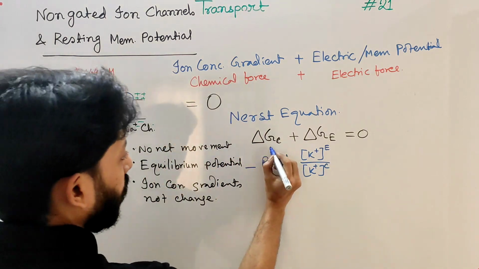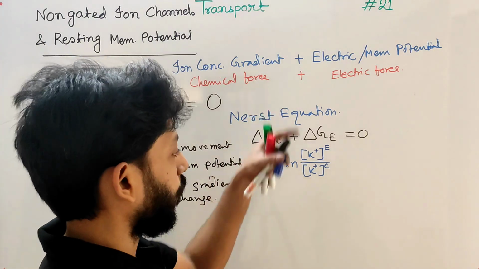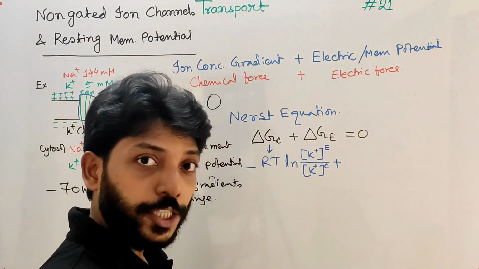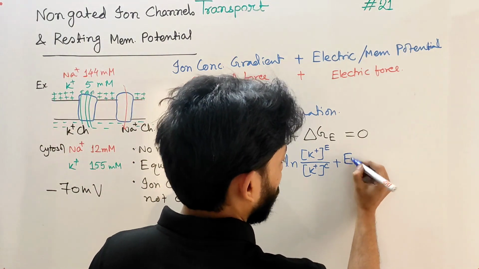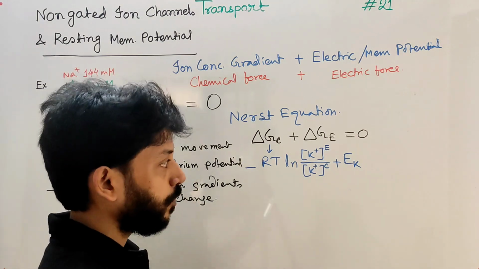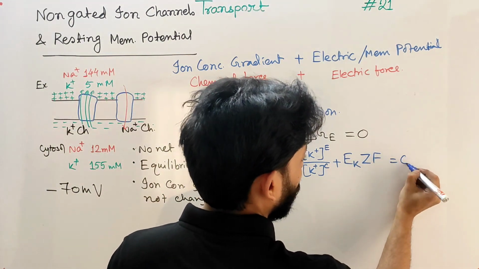This is for the free energy change of the chemical force, and if you add the free energy change of the electric potential, it will be the equilibrium potential. Remember, this is the equilibrium potential of the potassium ions, and ZF, that actually is 0.